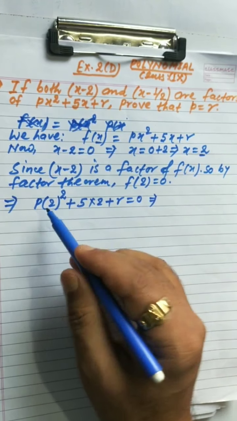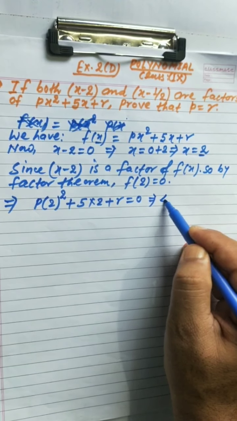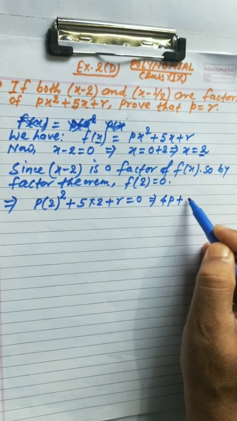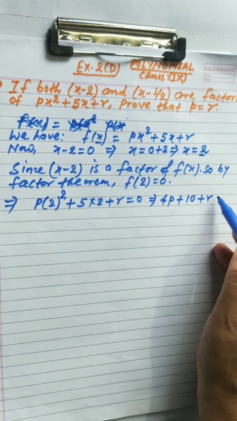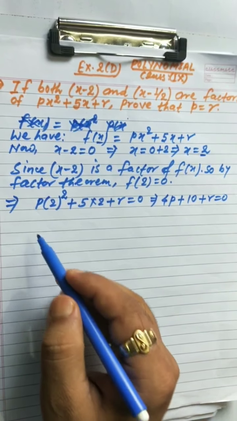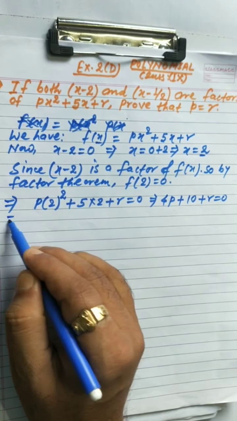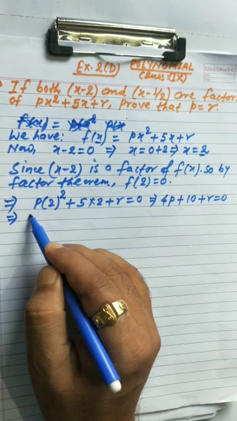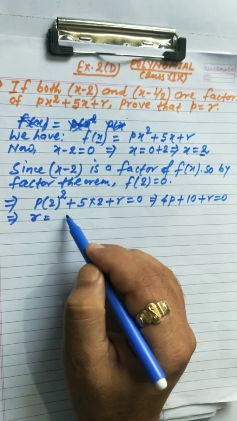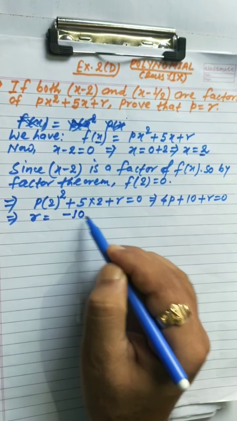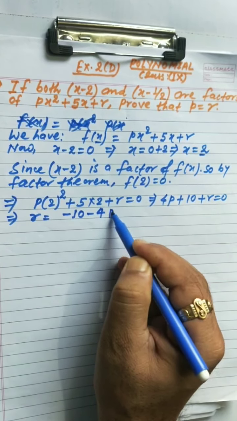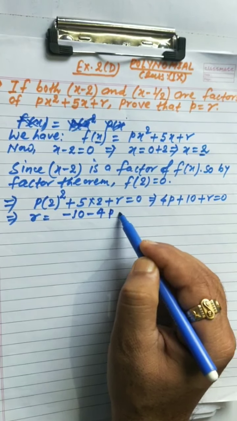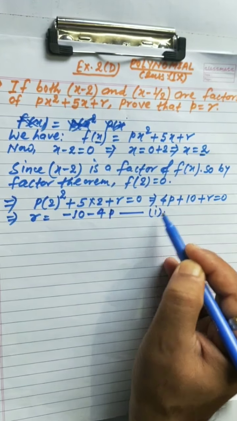This implies that 2 square is 4 and p is there, plus 10 plus r is equal to 0. So you can find the value of r. r will be equal to minus 10 minus 4p. Let us consider it as equation first.